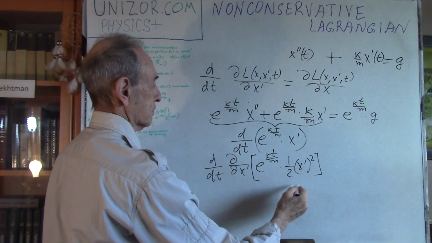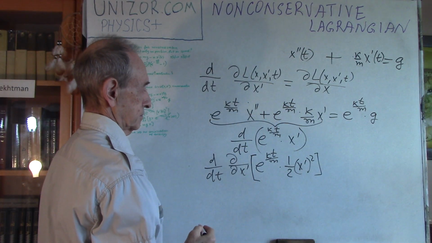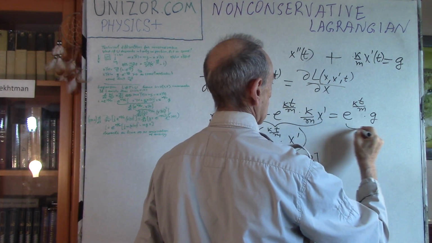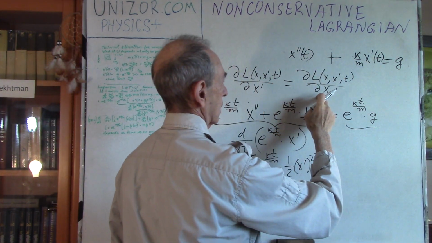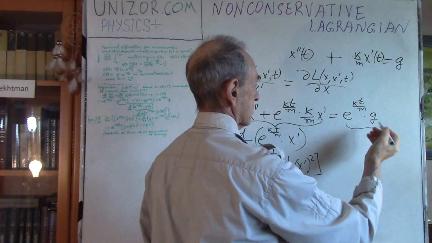So this is my left part, and it looks very much like this. Now, what's on the right part? Well, on the right part, I have to have a partial derivative by x, but this doesn't depend on x.